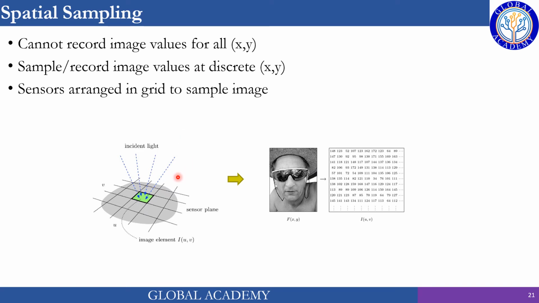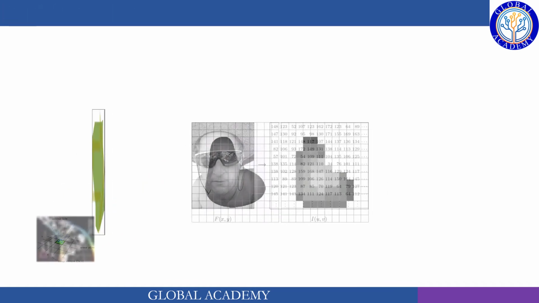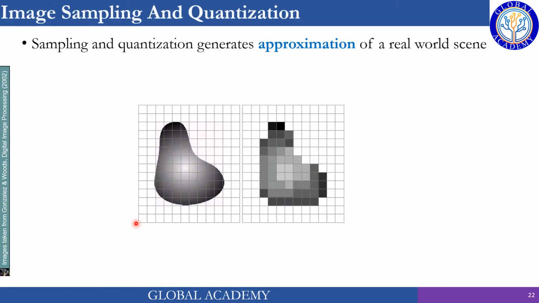Definitely we cannot record infinite values along the x-axis or y-axis. There are some discrete values which are recorded or sensed along the x or y-axis, or u or v dimension, like this one. Once again, it's a repetition, but images are sampled in 2D, that is, a finite number of sensors are placed in a matrix along the x-axis and along the y-axis.